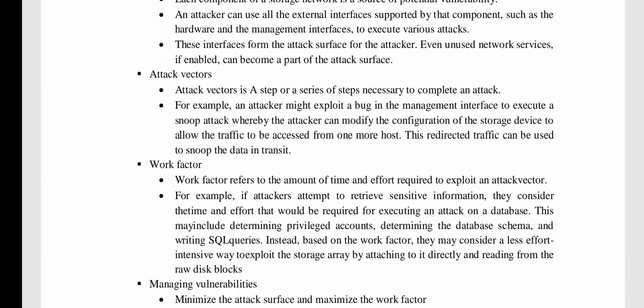Through that, they will move on to modify the storage device's configuration, and like that, another host can have surveillance over the confidential data and get traffic from our system. Okay, so this redirected traffic can be used to snoop data in transit. So that is an example for attack vector. Okay, a series of steps to complete an attack.